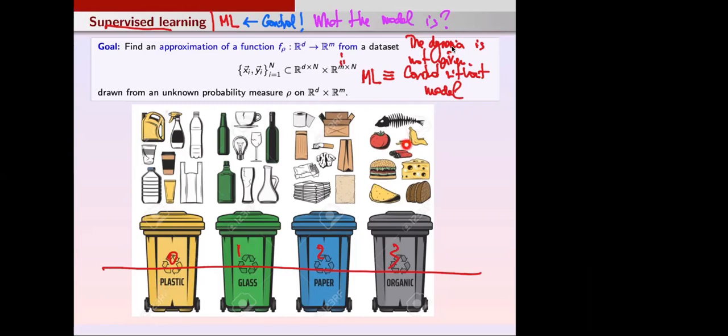Whenever you take an initial datum, for instance here, it will land in the reservoir 3. Whenever you take an initial datum in the green category, it goes to the reservoir 2, and so on. So please make sure that your dynamical system does exactly this job.